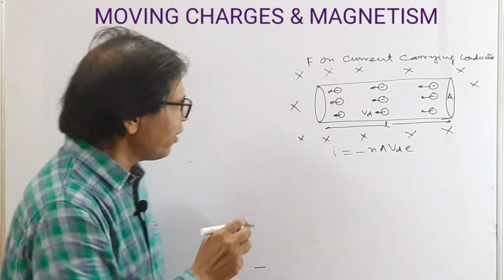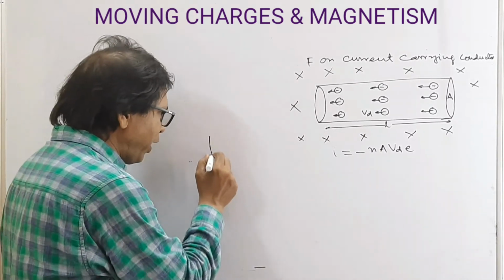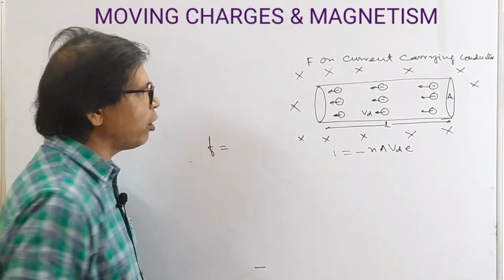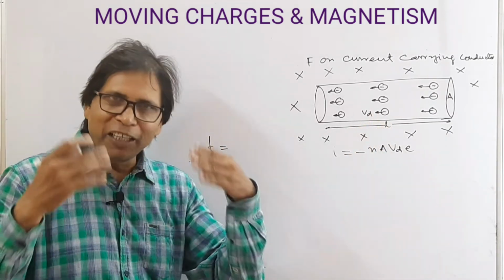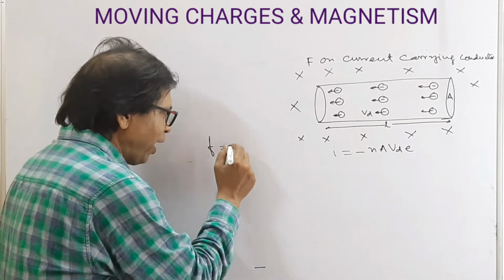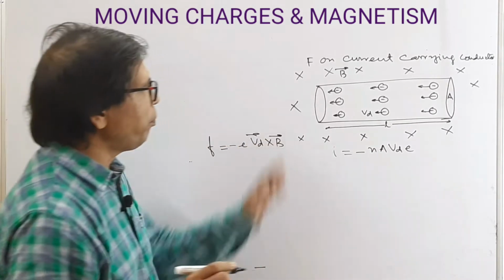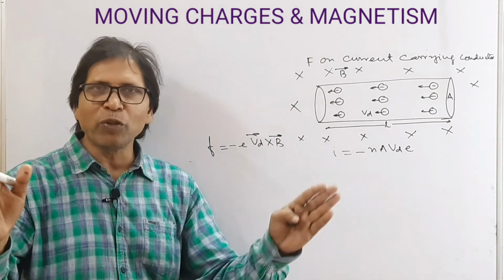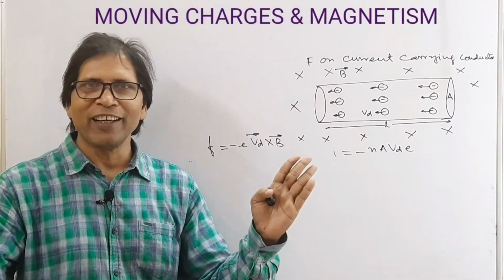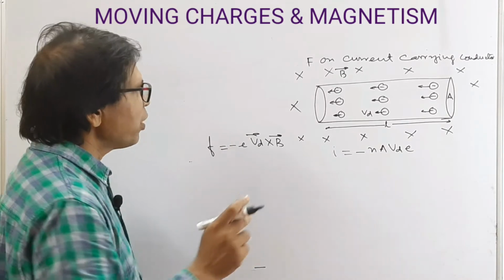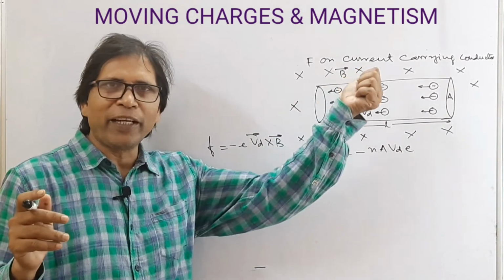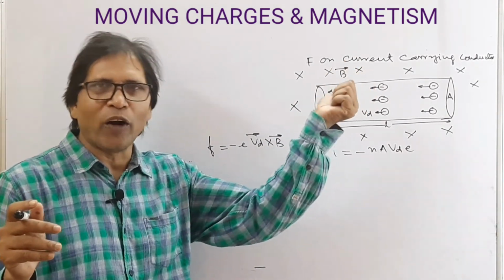Now the force experienced on each electron due to its drift velocity is minus e Vd cross B, where B is the magnitude of the magnetic field. The direction of the magnetic field is directed inwardly.